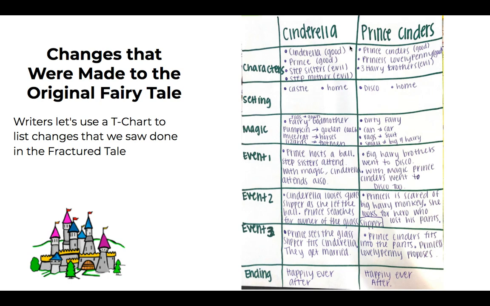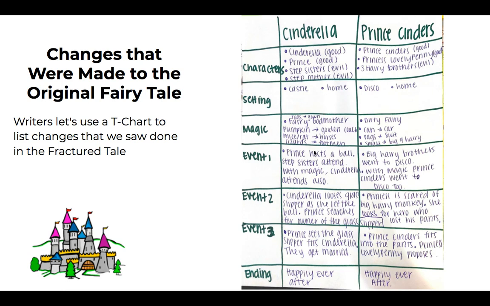Compare your structure from Cinderella to my T-chart for Cinderella, and just see how similar or different we have. Okay, so my Cinderella characters are Cinderella, the prince, the 2 stepsisters, and the stepmother. Okay, and I also labeled that they're good and evil. Okay, our story took place in a castle where the ball was, and then it also took place at Cinderella's home.